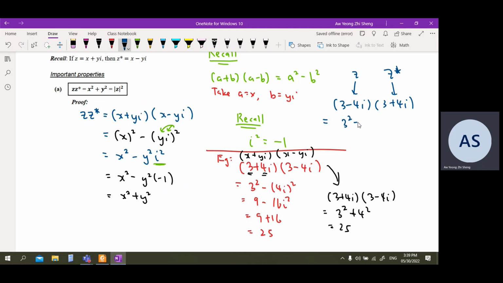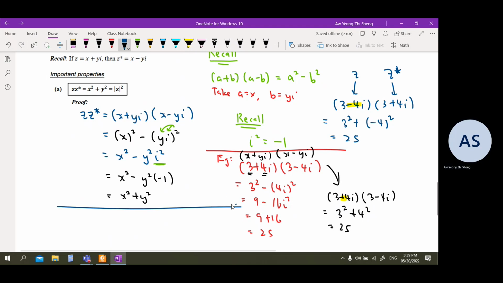So you take 3 squared plus -4 squared, it will still give you the same answer of 25 at the end. So it doesn't really matter whether you take y to be -4 or +4. It won't affect the final answer.